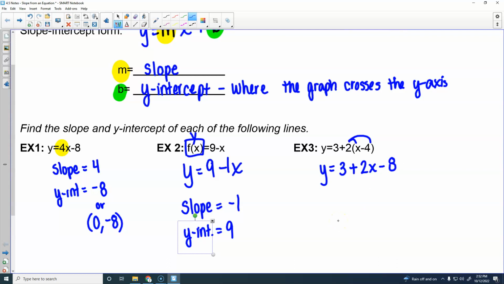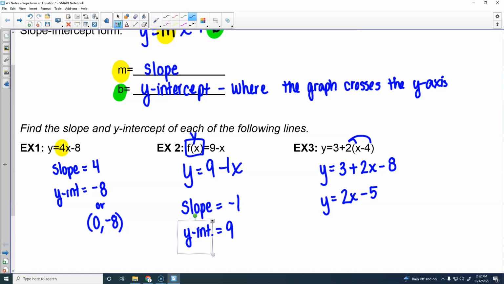And that's too many numbers. I've got 3 numbers and I need slope and y-intercept. So I've got to combine like terms here. So I'll have 2x, and I've got a positive 3 and negative 8, which will give me a negative 5. Or you could write it negative 5 plus 2x. Either one's fine.